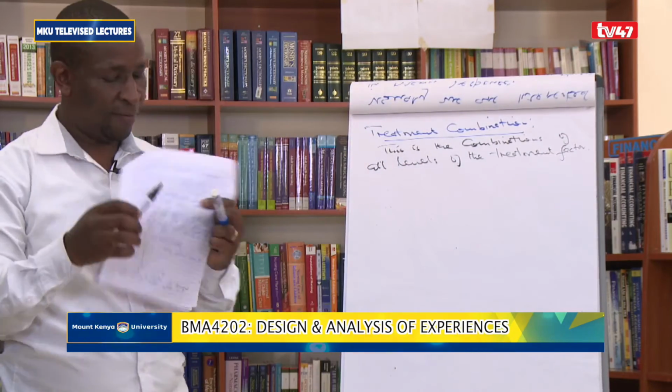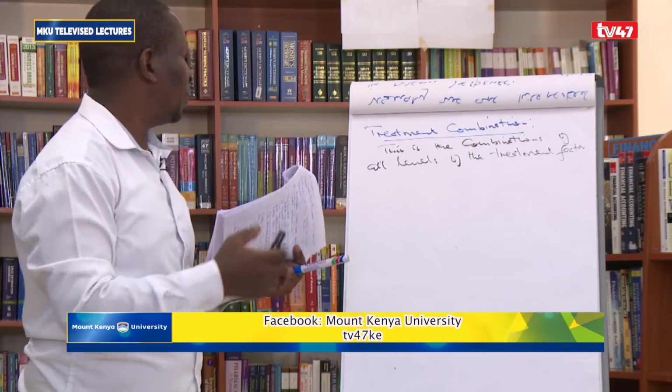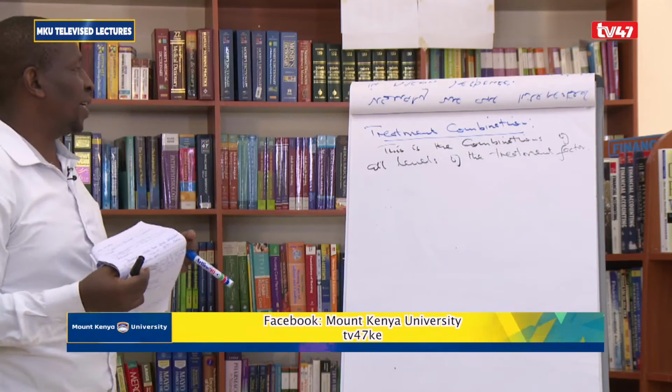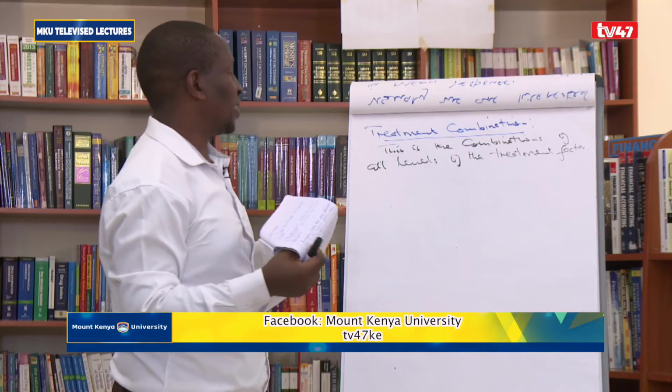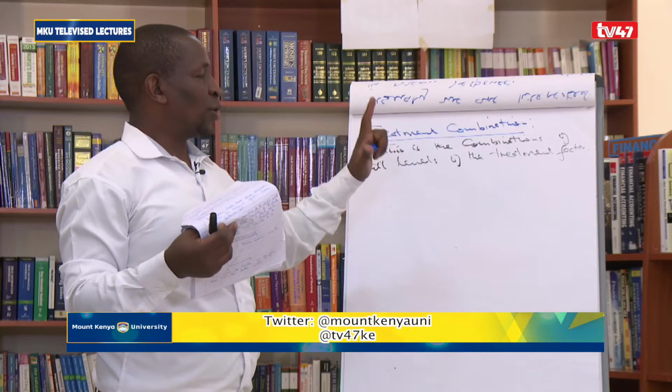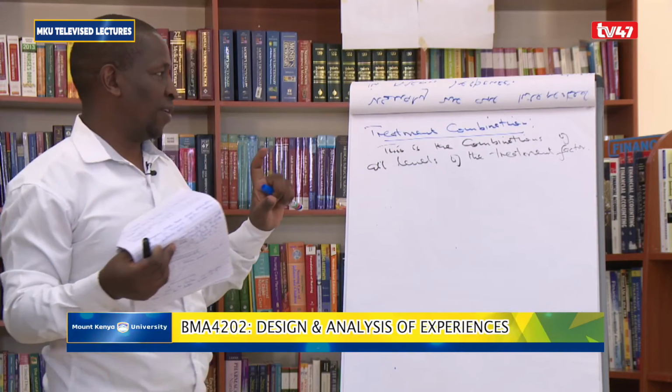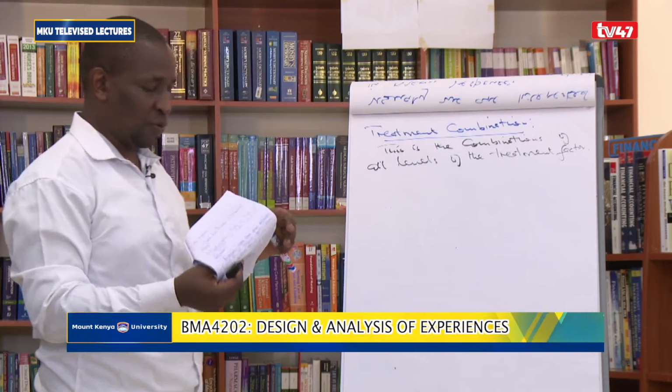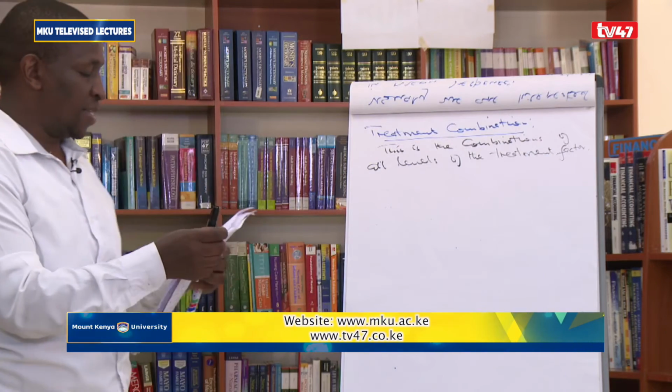So if we have several factors or several explanatory variables at different levels, then the treatment combination is simply the combination of the two explanatory variables at different levels, and then we want to find out how they influence the response.